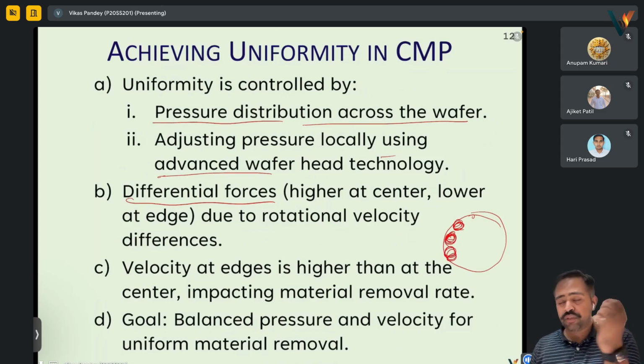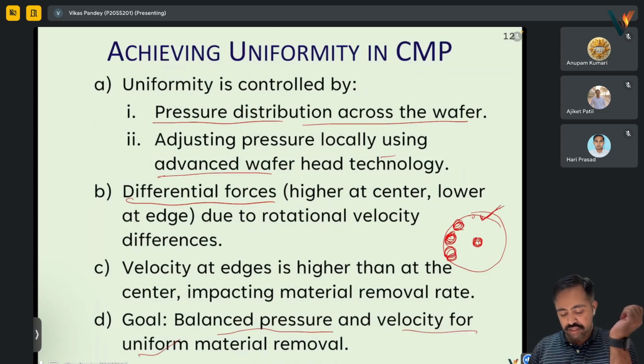Why? Because if the wafer is rotating from the center, its angular velocity at the sides will be more compared to the angular velocity at the center. That is why we have to apply different amounts of force. So we have to balance the pressure and the velocity for uniform material removal for different areas.